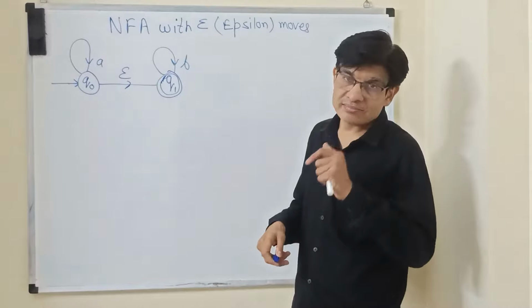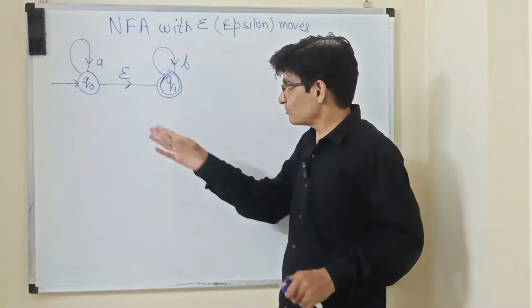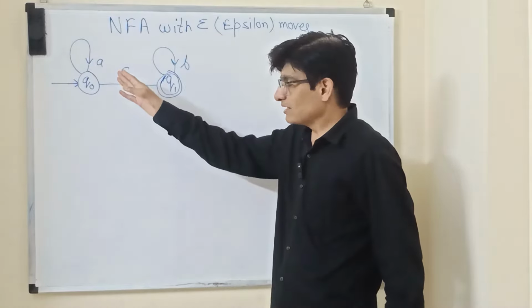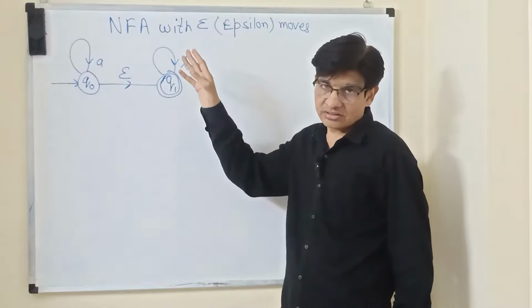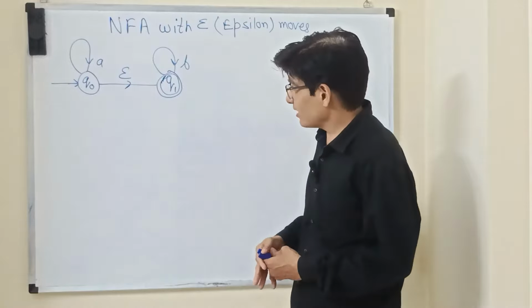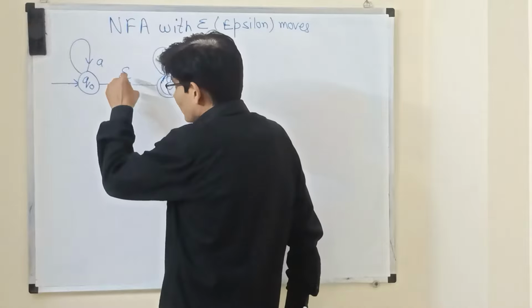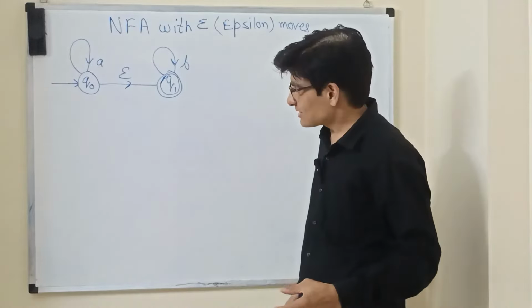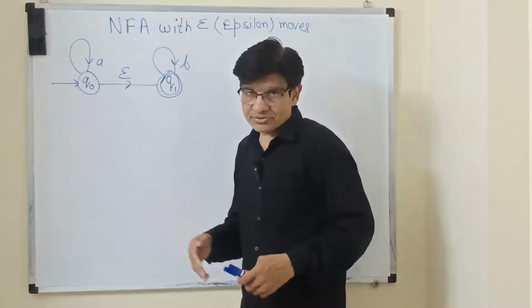There is some uncertainty, and because of this uncertainty this is an NFA, and as we have one epsilon transition here, this is called an NFA with epsilon move.